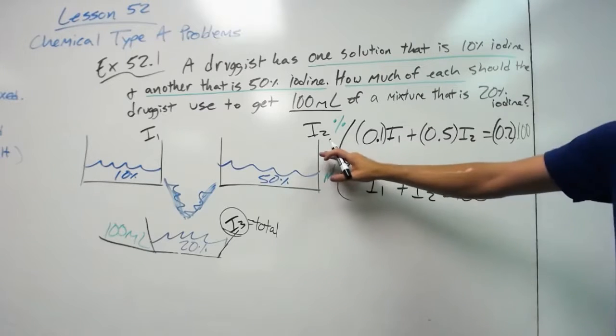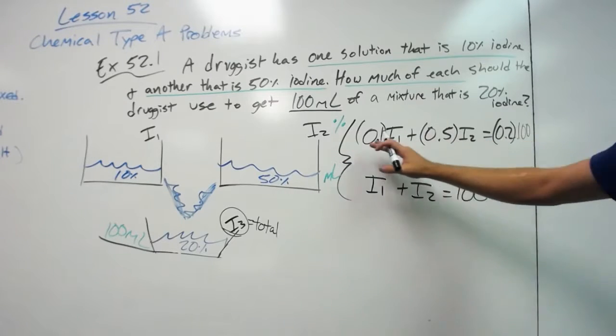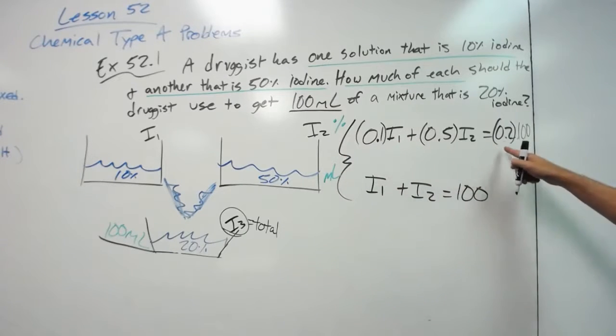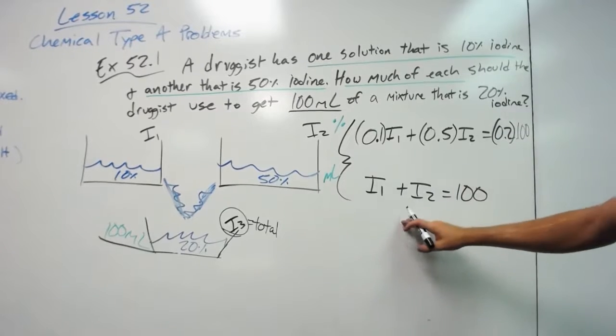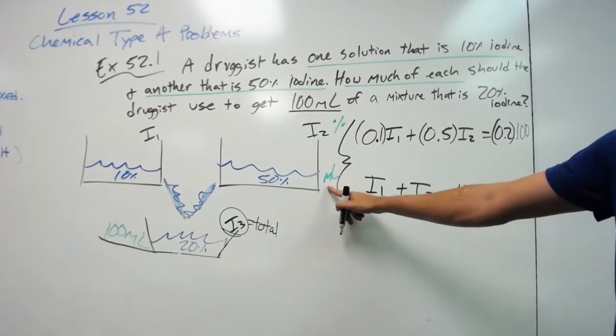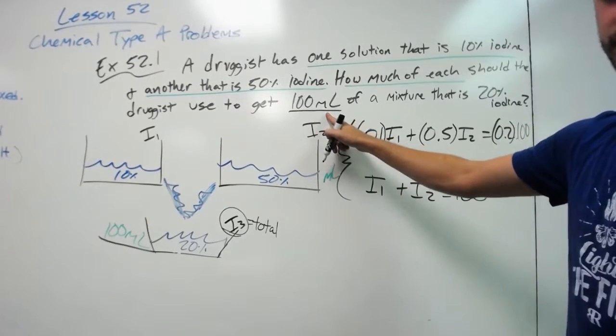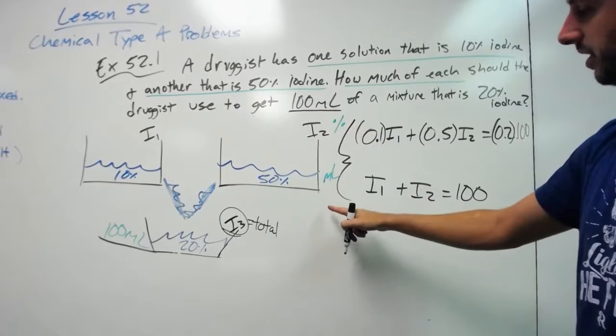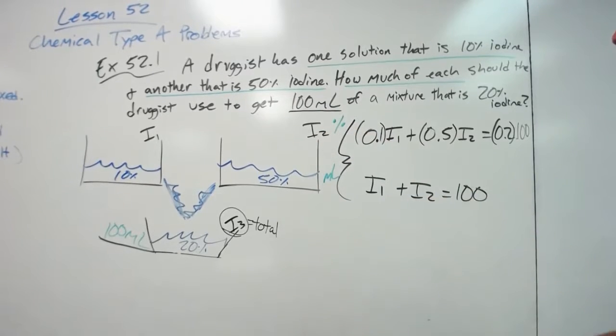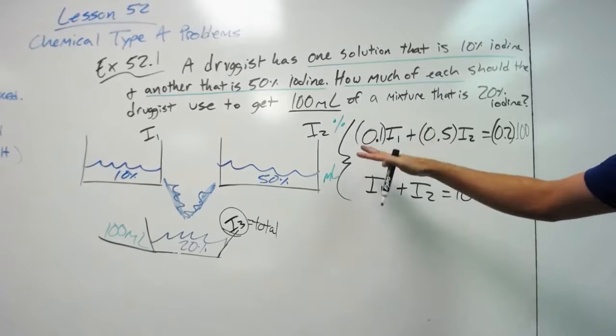So this is what I consider our percentage row. This has our percentage of the amount of each iodine that we are using. The next row is my measurement. Our measurement here is milliliters. So this is my measurement row. And so this one, we ignore the percents. We don't use those.